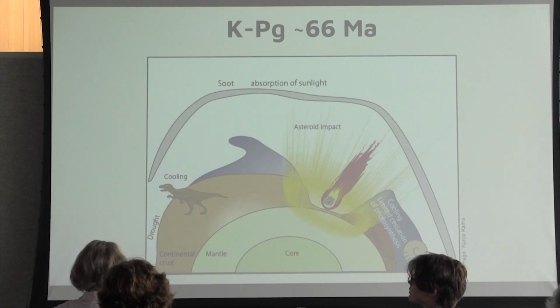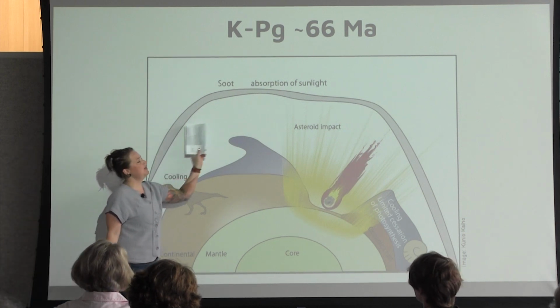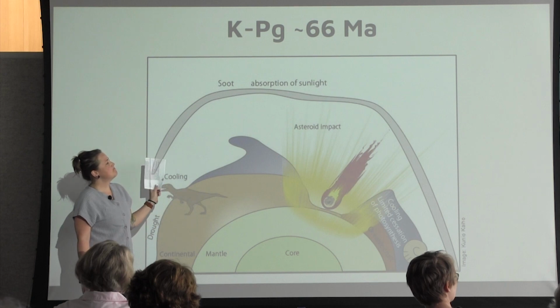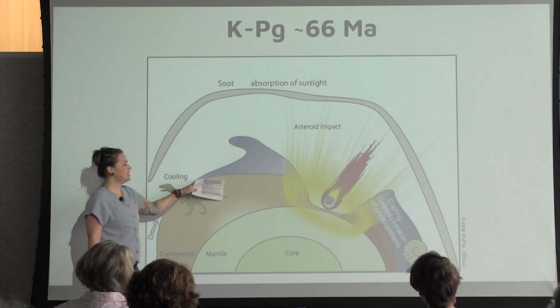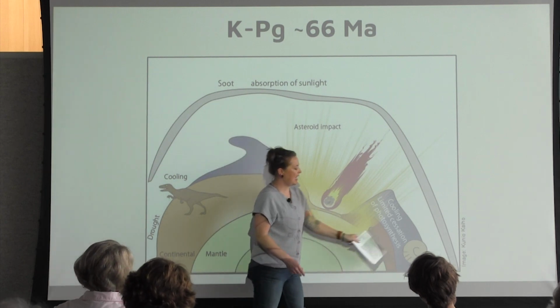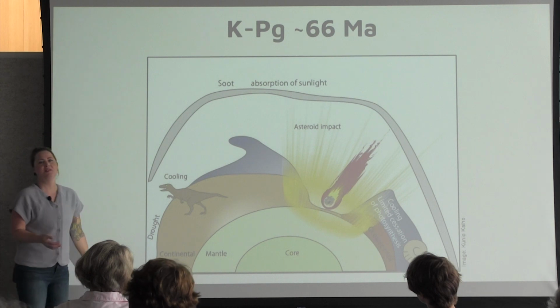How long did that last? A few years. So it would have probably created a pretty tough year or two for terrestrial extinction, but there would have been a lag in the oceans. So we actually see ammonites. The last ammonites disappear at the very beginning of the Cenozoic, actually.